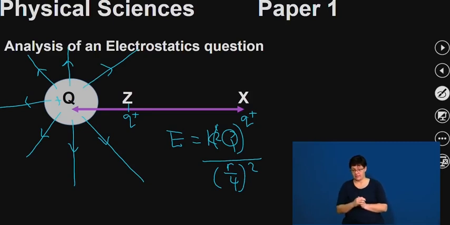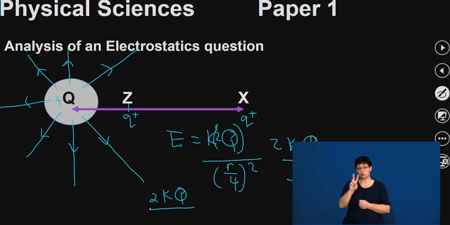Now, if we do the math, you'd realize that we've got 2kQ over r squared over 16. So this is as good as saying 2kQ over r squared times 16. This is actually 2 times 16, which is 32 E.